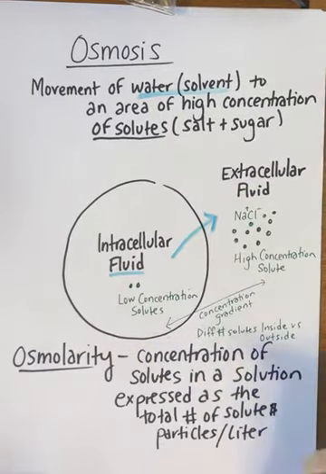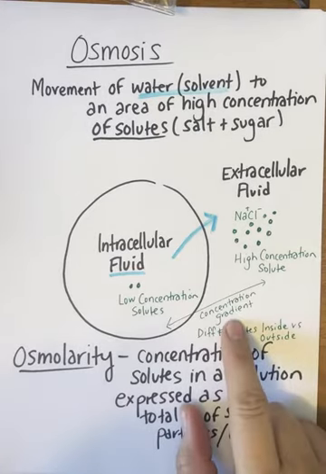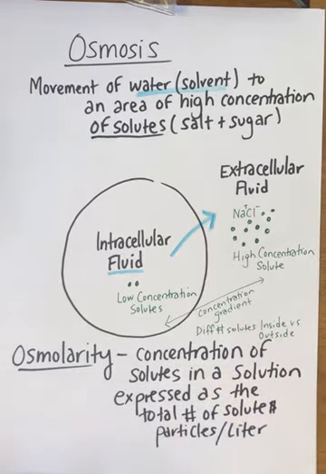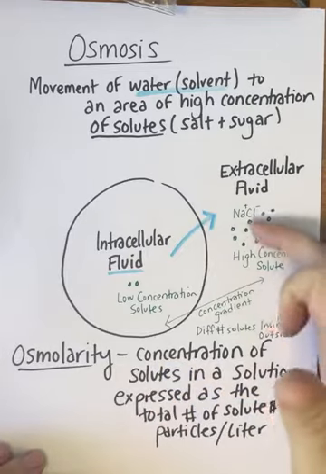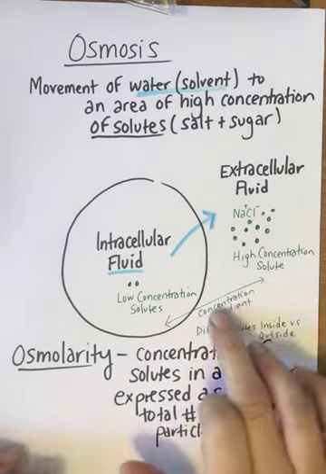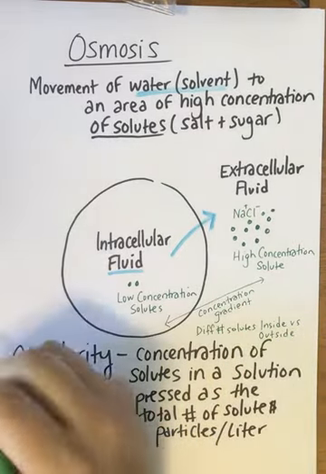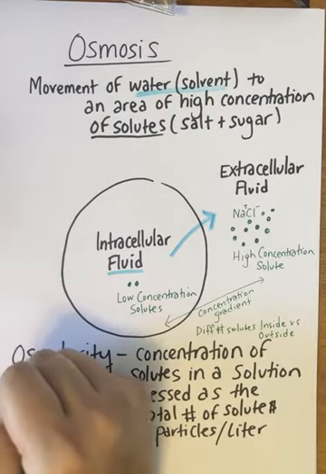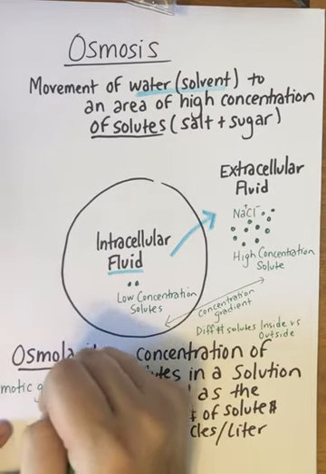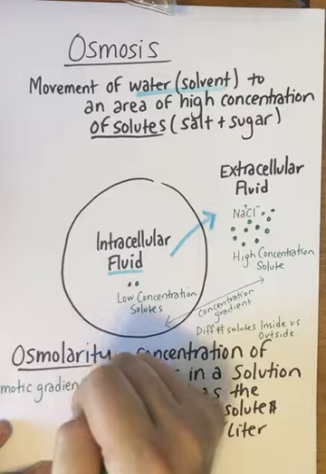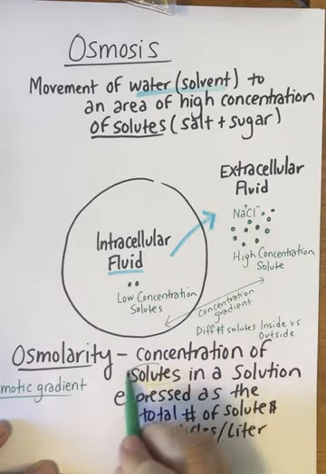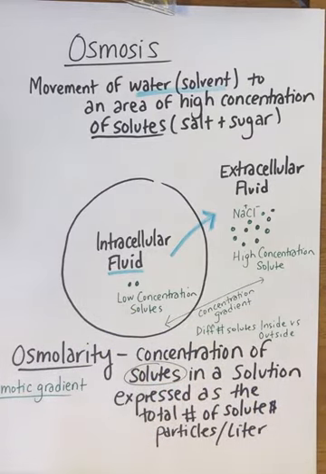Now, when we talk about an osmotic gradient, basically we're just comparing the solutes on either side. So instead of saying concentration gradient, you would say an osmotic gradient. An osmotic gradient is referencing the number of solutes in a solution on two areas of the cell.